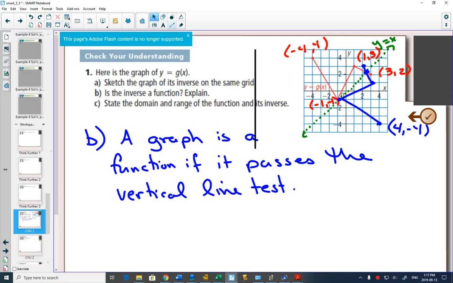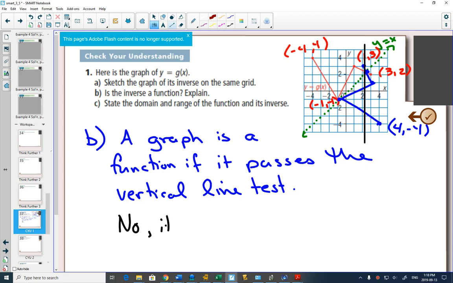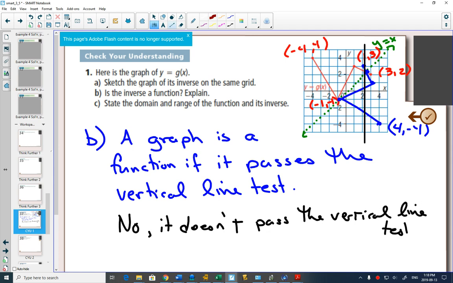So for example, in the blue one, right there, I mean there's lots of places, right there, it hits 3 times. If it hits more than once, the blue graph is not a function. So in explanation, we could say no, it doesn't pass the vertical line test.